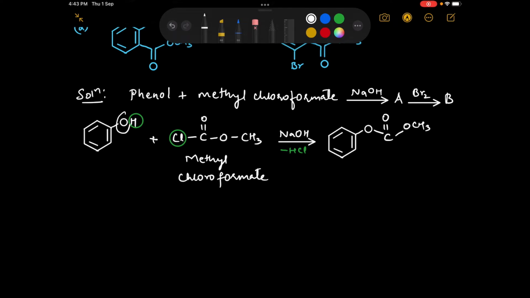I have simply bonded this oxygen over here. Then COOCH3 is bonded onto the oxygen atom so that we get the formation of this compound A.